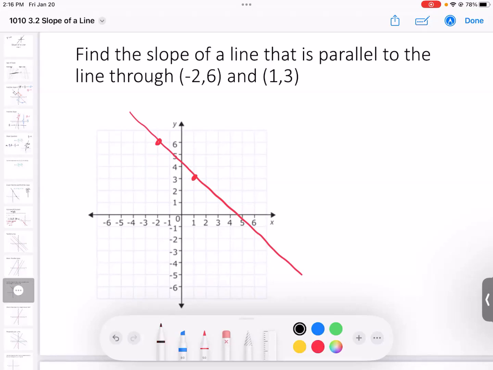I could draw my line anywhere, like here's a parallel line, here's a parallel line, but it doesn't actually matter where I put my parallel line, because the slope of that line is going to be the same as the slope of the line they gave me. So if I can find the slope of this red line, then that gives me the slope of any parallel line I could graph on there. So what would the slope of the red line be?